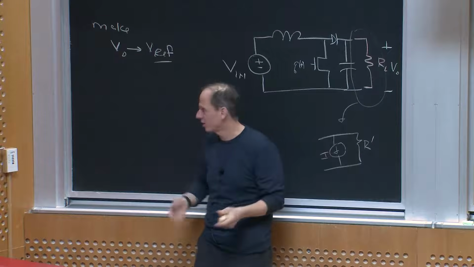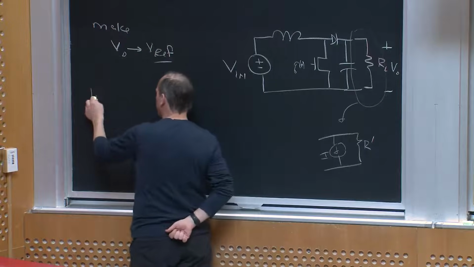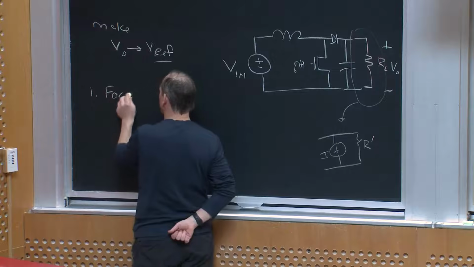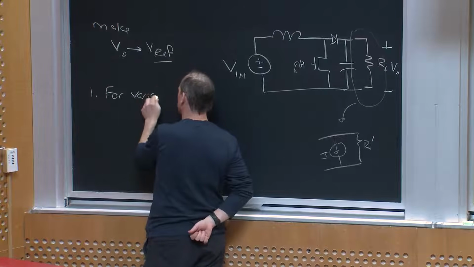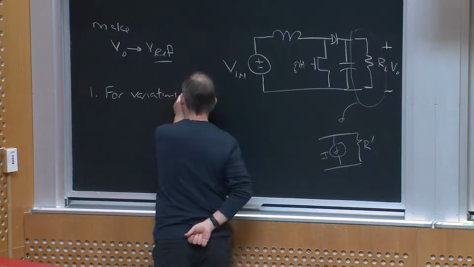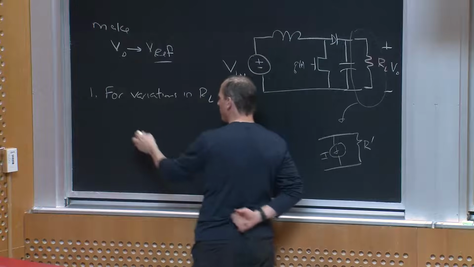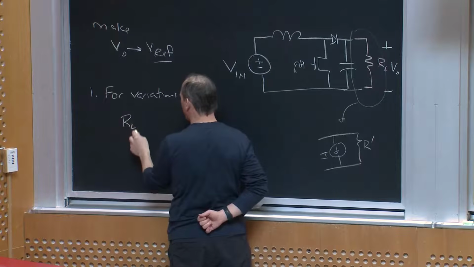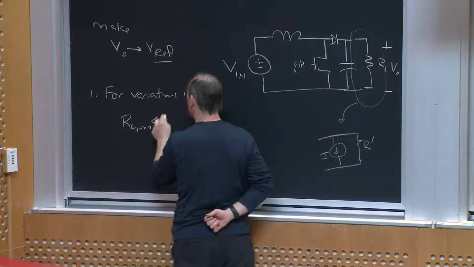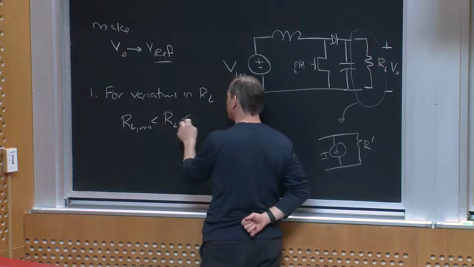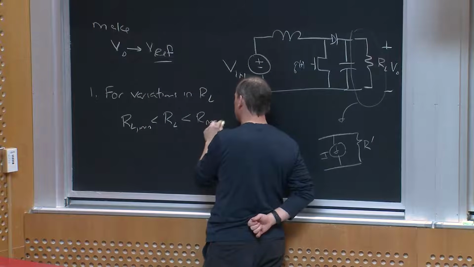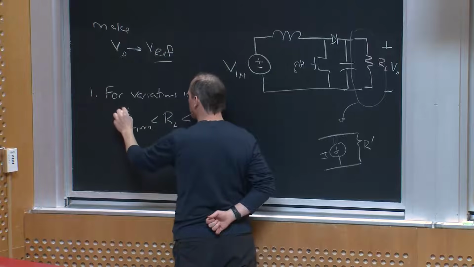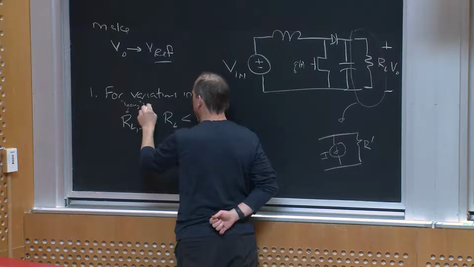And this is where power electronics is challenging. Firstly, for variations in load, so maybe I would have RL min less than RL, less than RL max, right? So this would sort of be heavy load, right?